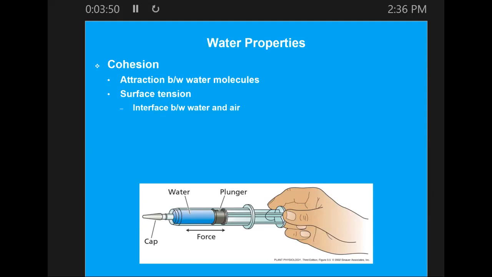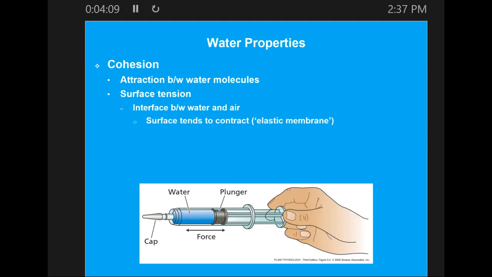So something funky goes on right at the surface. Those surface water molecules are more attracted to the water molecules beneath them, and that causes the surface to tend to contract and act like an elastic membrane over the body of water.